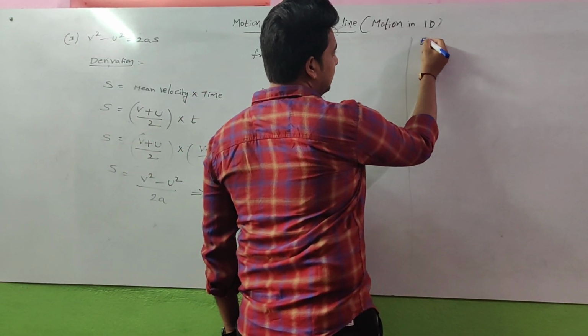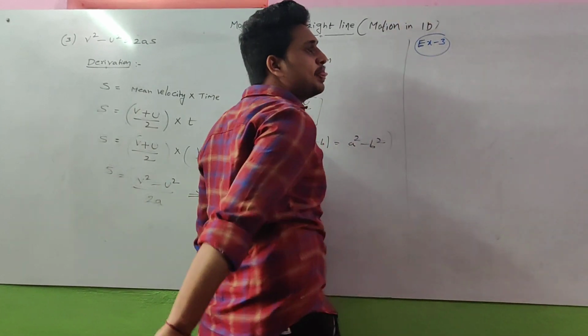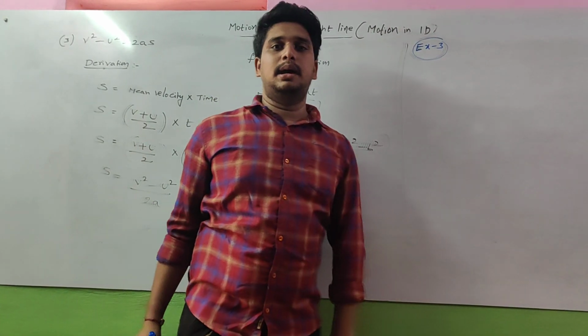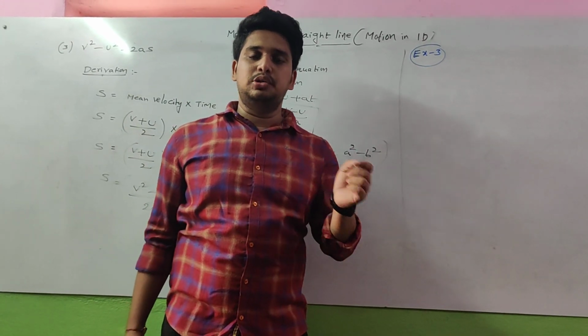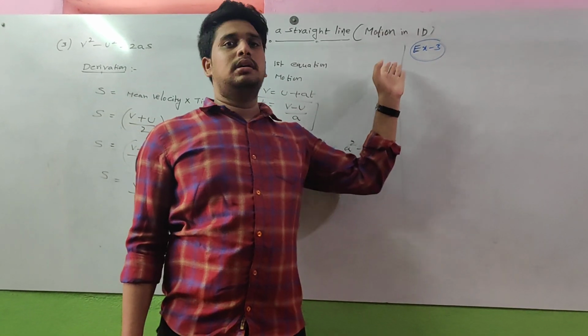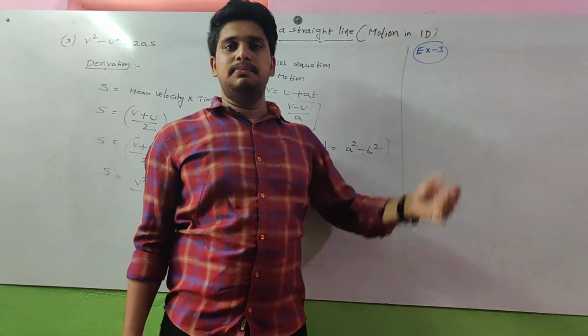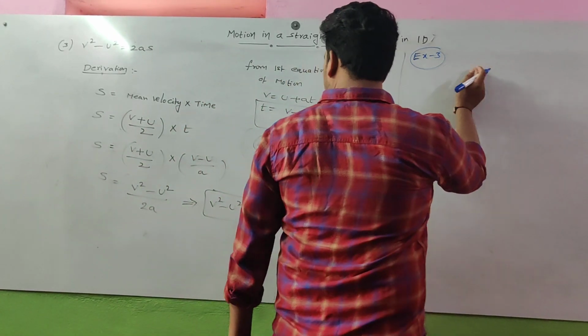Example number 3. In previous lectures we discussed example number 1 based upon the first equation of motion and example number 2 based upon the second equation of motion. Now I take example 3 based upon the third equation of motion. What is the question here?